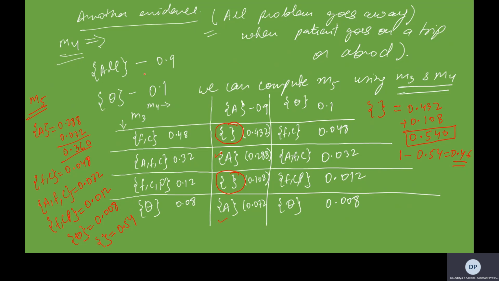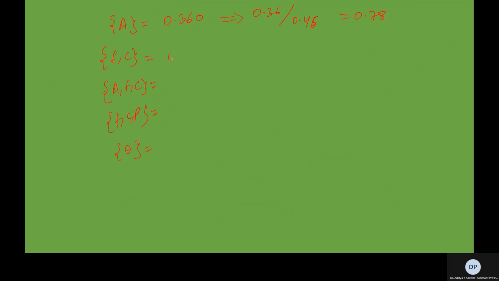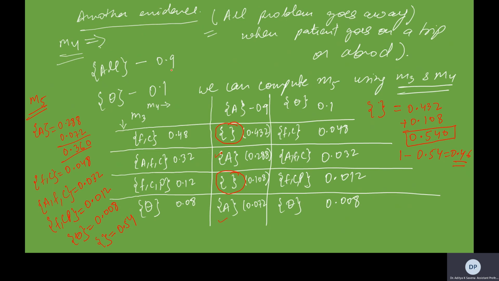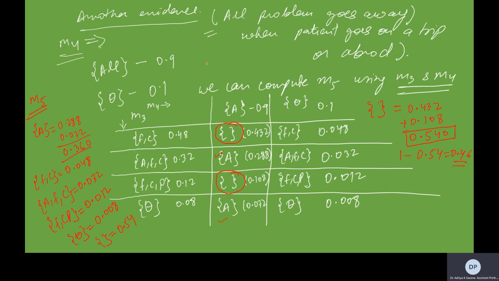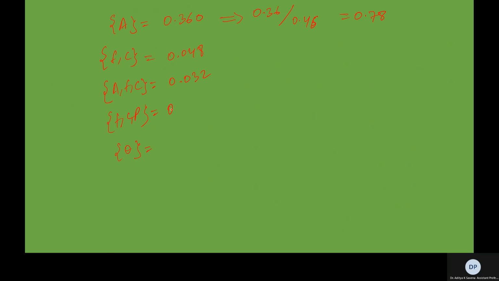So what will be the value of FC? 0.048. What is the value of AFC? 0.032. The value of FCP? 0.012. What is the value of theta? 0.008. You will do 0.008 divided by 0.46.